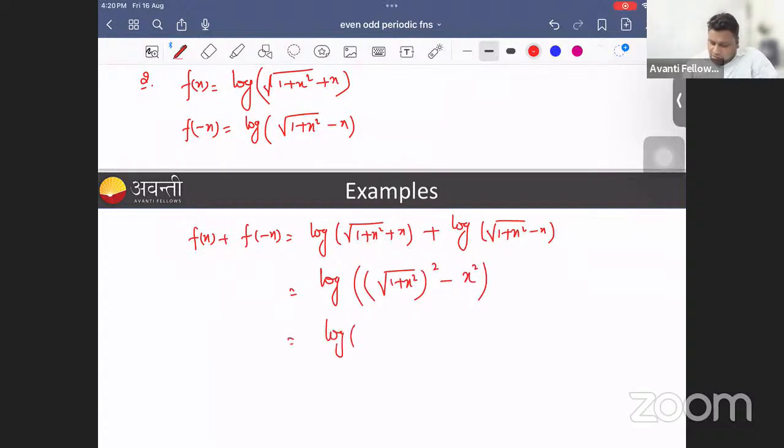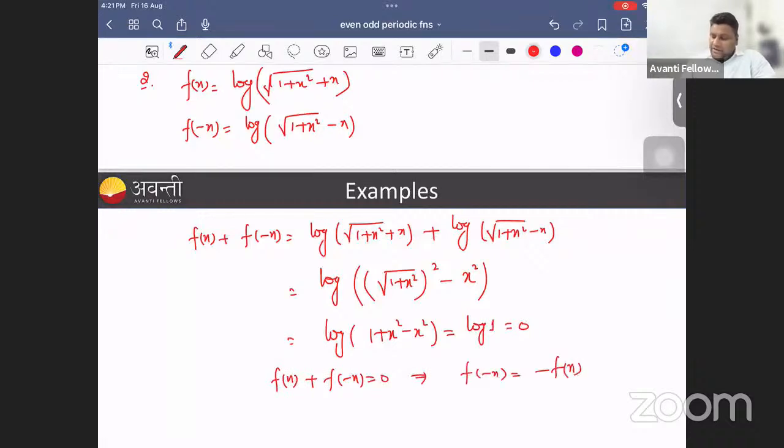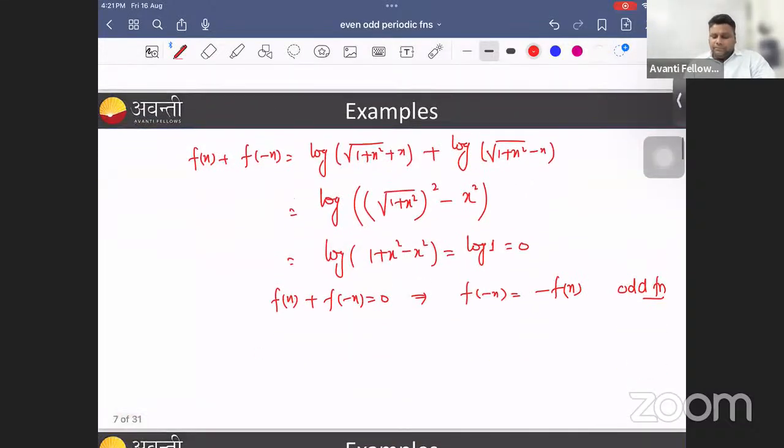So that is log of 1 plus x square minus x square. That is log 1, which is again 0. So again the same thing happened, that f of x plus f of minus x is 0. This implies f of minus x is again minus of f of x. So it became an odd function. All right. Simple example.